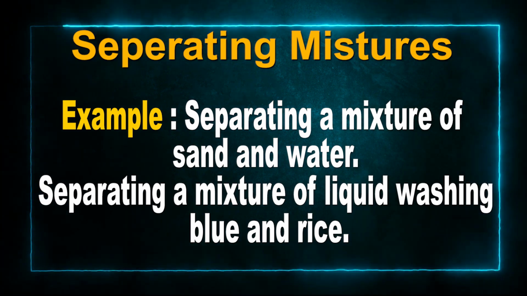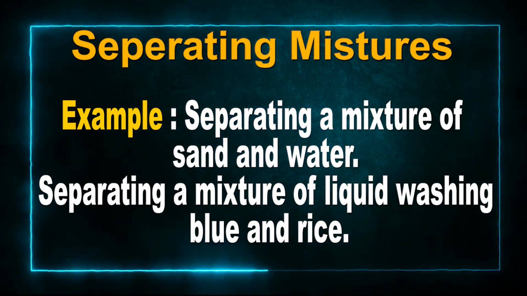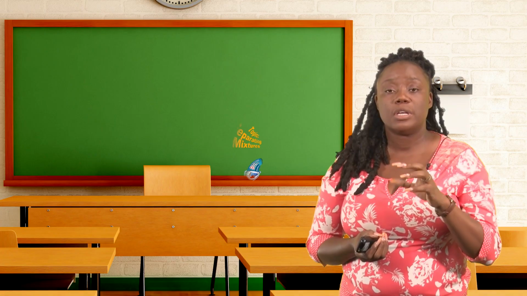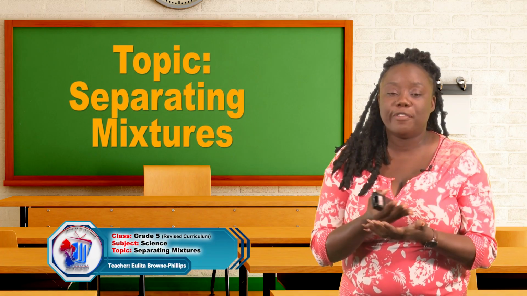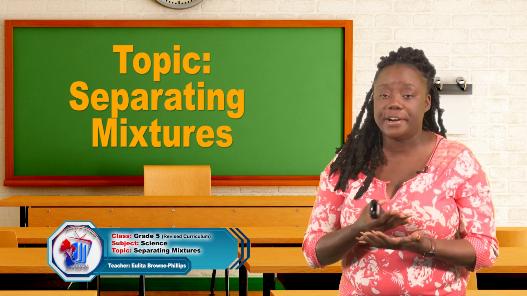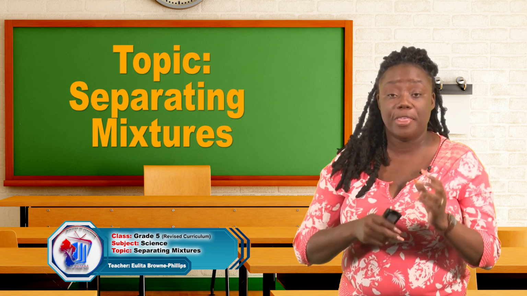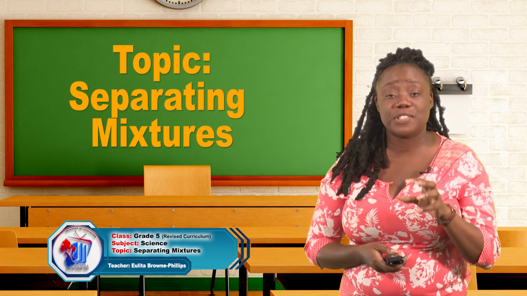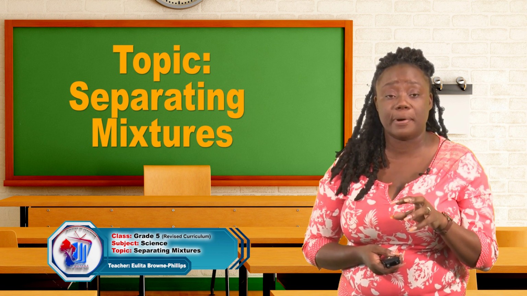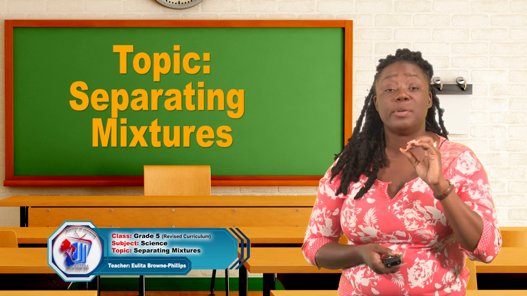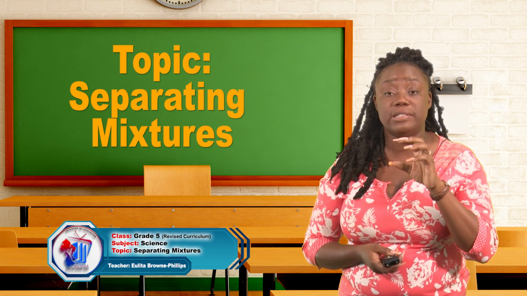Separating a mixture of liquid washing blue and rice. So, you have your filter paper over your beaker and you pour the mixture. The liquid will pass through the filter paper and the solid would remain on the filter paper.